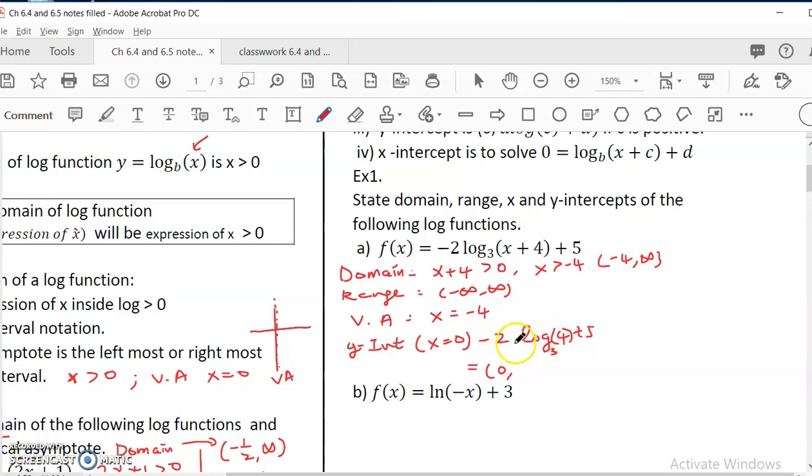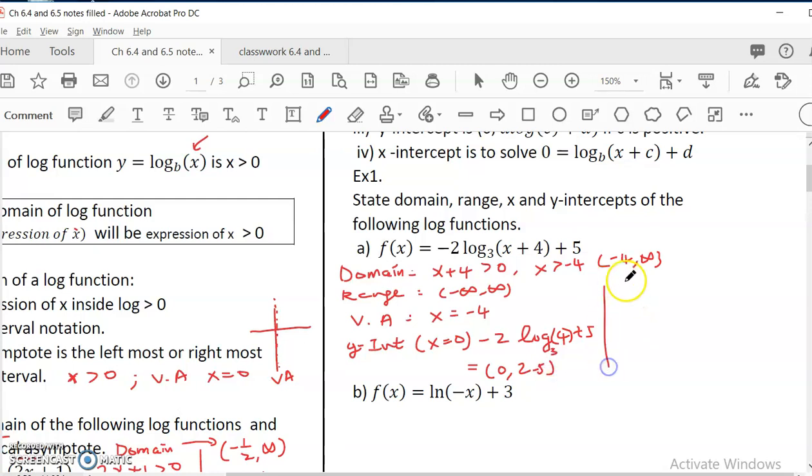I haven't taught you how to do log base 3 on the calculator yet, I'll teach you later. It's around 2.5.